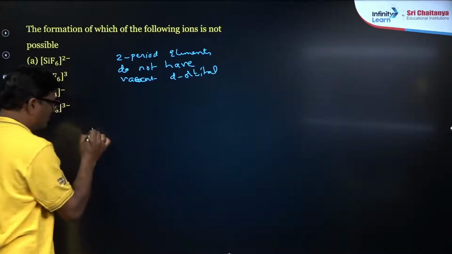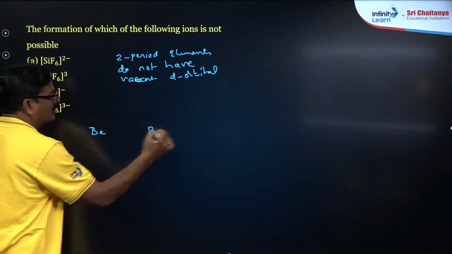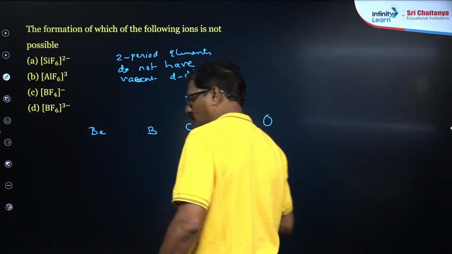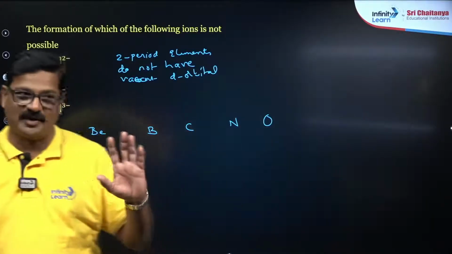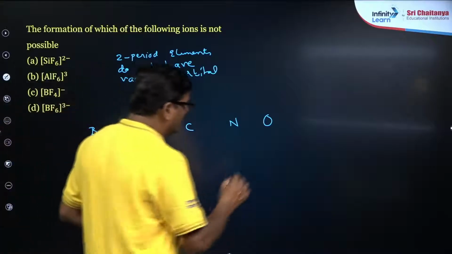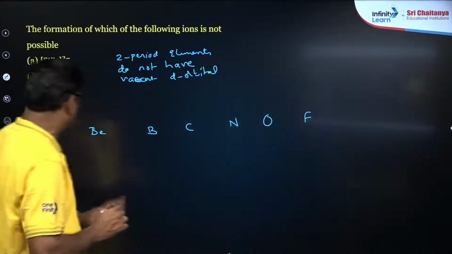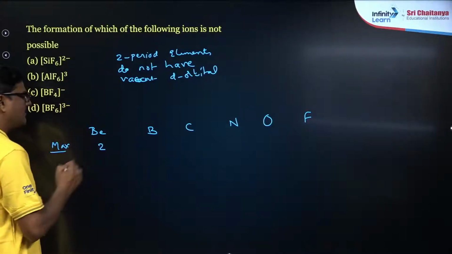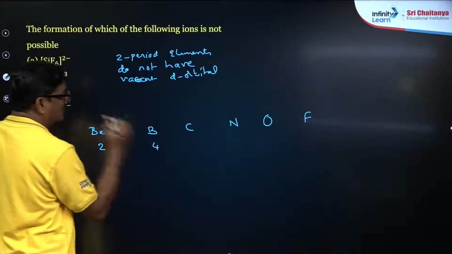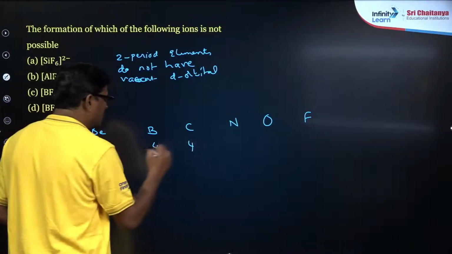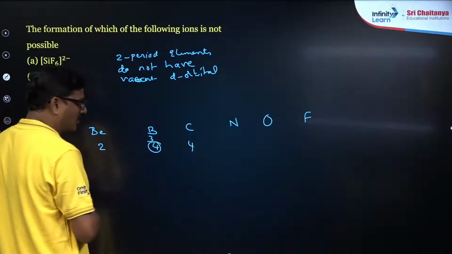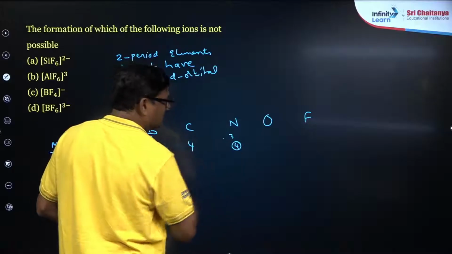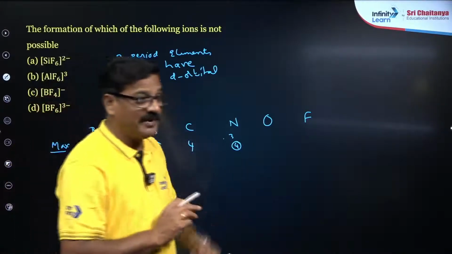Because of this, beryllium, boron, carbon, nitrogen, oxygen and fluorine have limited bonding; fluorine can form only one bond. Maximum covalency is 2 for beryllium, and 4 for boron and carbon. Boron generally forms 3 and can form one dative bond. Nitrogen generally forms 3 and can form maximum 4 bonds, so nitrogen can never be pentavalent.